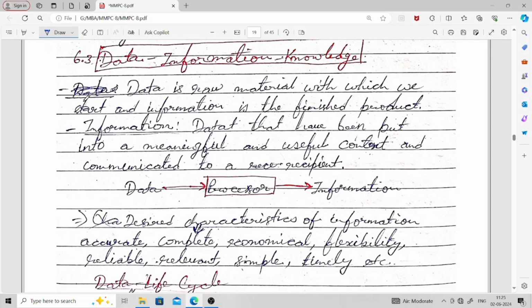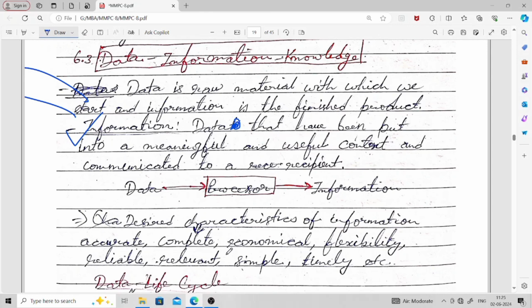Here it is written information, sorry, data, it is a mistake, so you can cross this one. Information is data that has been put into a meaningful and useful context and communicated to a recipient.